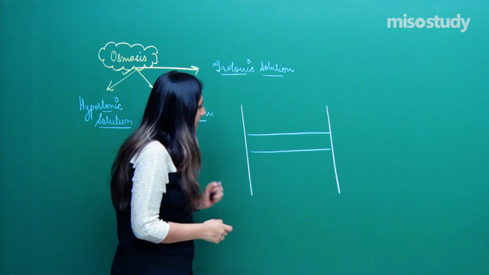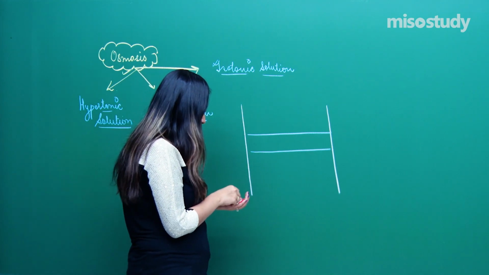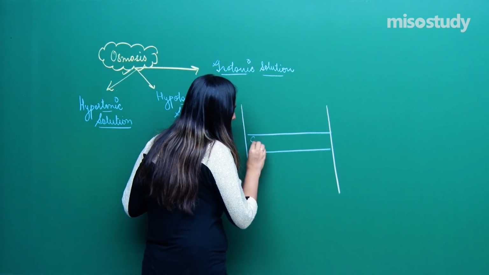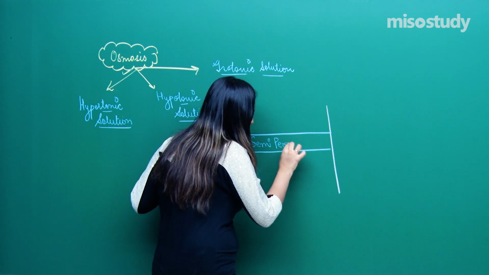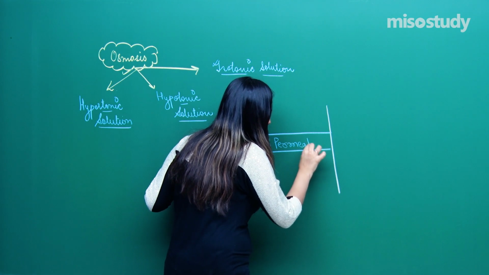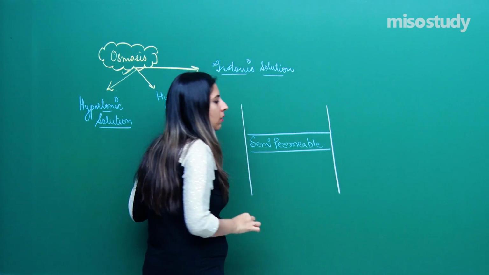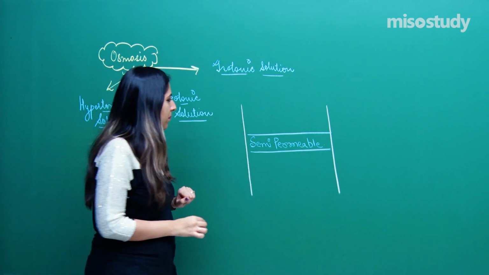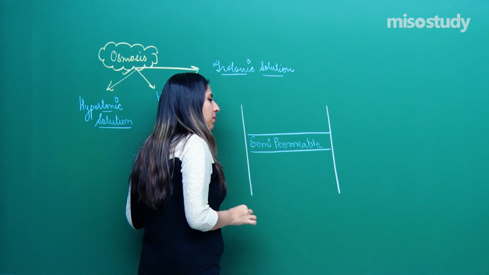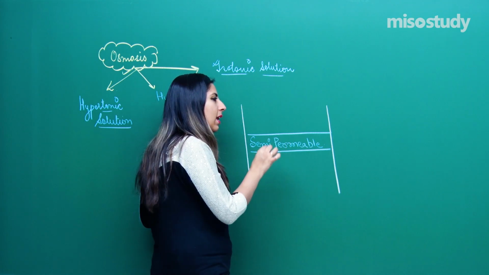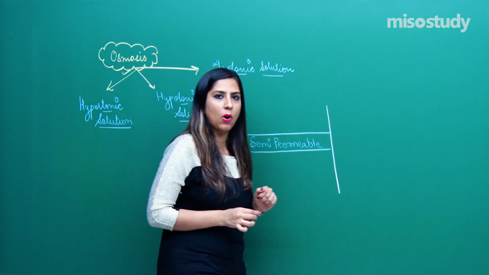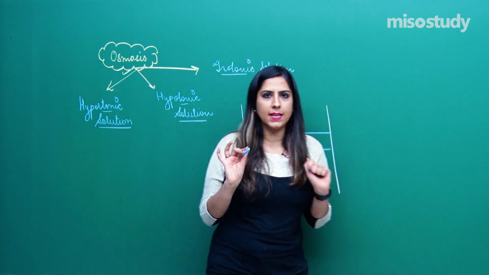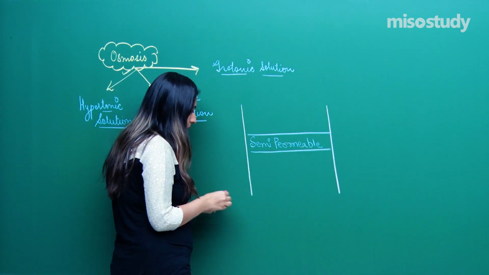In the center, this blue color is a semi-permeable membrane. A semi-permeable membrane allows only the solute to pass through it. It doesn't allow the solvent to pass through it. This is a characteristic feature.